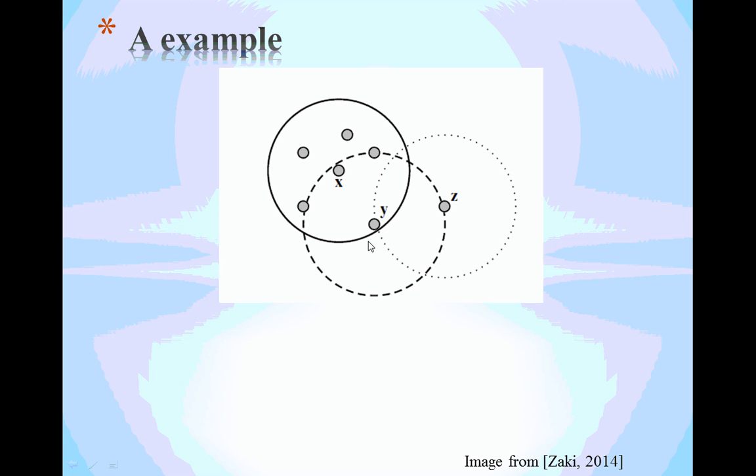So we are going to explain one example. If we take the minimum points as 6, here we are just talking about x, y, z. In x, the circle is like that, so how many points? 6. So it should be a core point, right? For y, just 1, 2, 3, 4, 5.